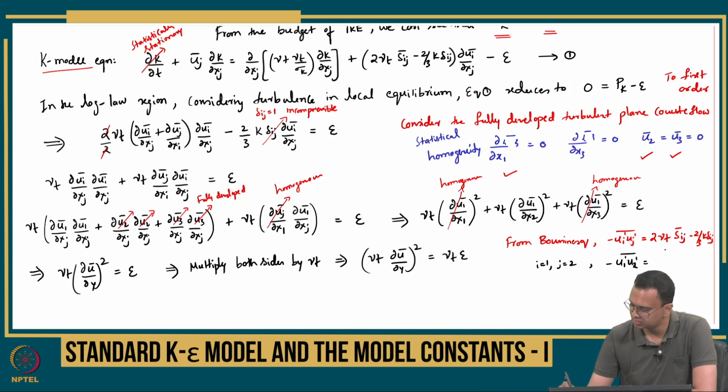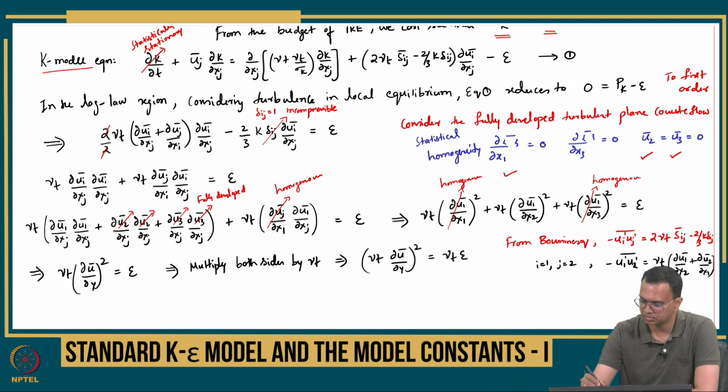So I essentially get nu t of dou u1 bar by dou x2 plus dou u2 bar by dou x1. Again the dou u2 by dou x1 term is anyway gone for this particular flow, so I essentially get this form: minus u prime v prime is nu t dou u bar by dou y.